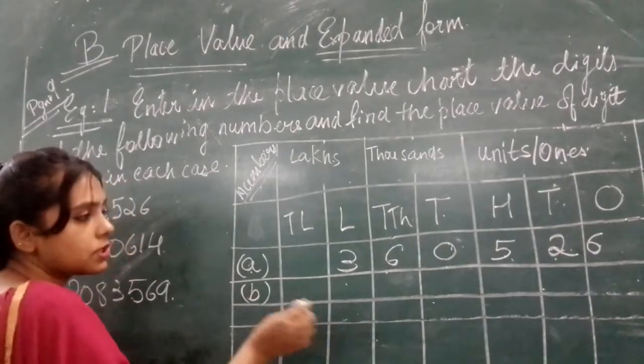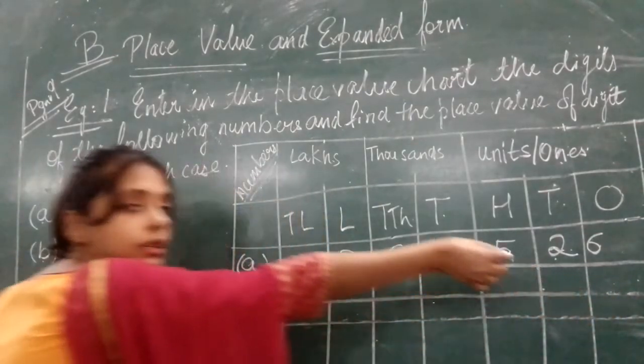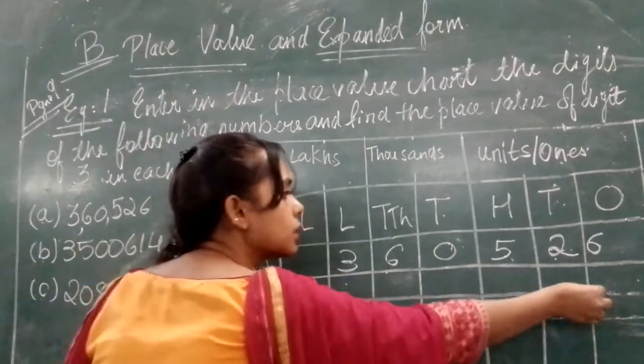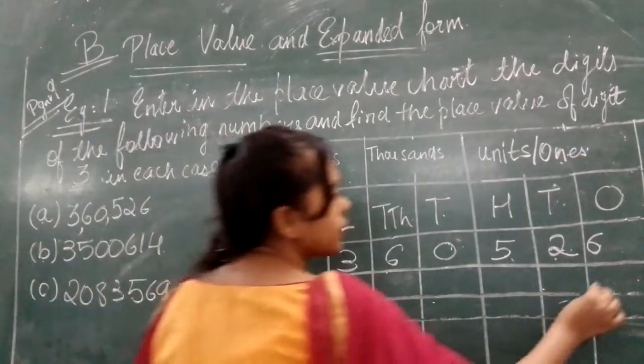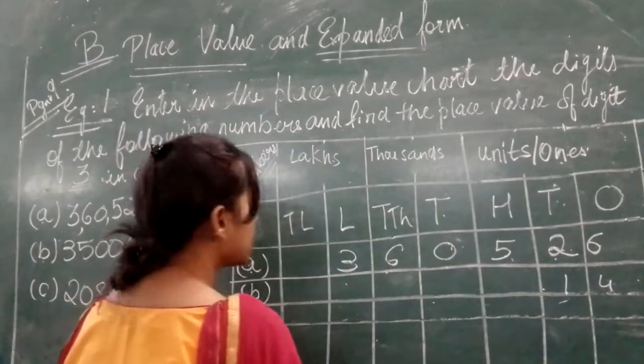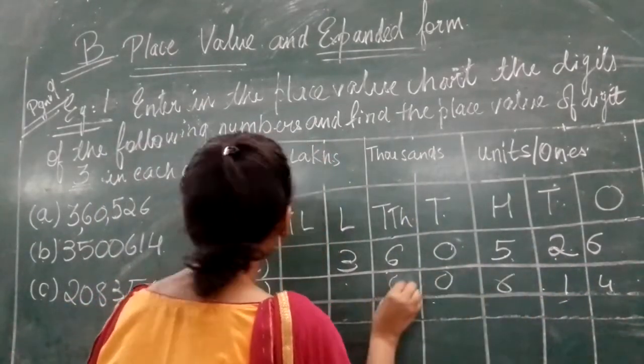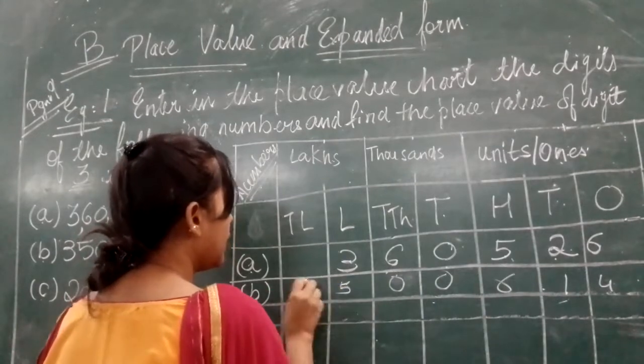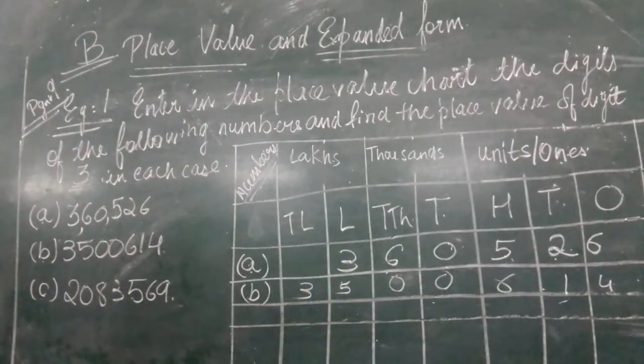Again, we will start writing from the last. The last digit will move towards your left. Okay. So 4, 1, then there is 6, then you have 2 zeros, then 5 and 3. Correct? And again you have to just put it.